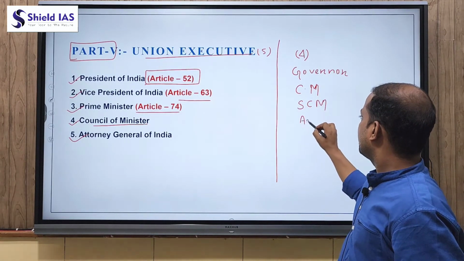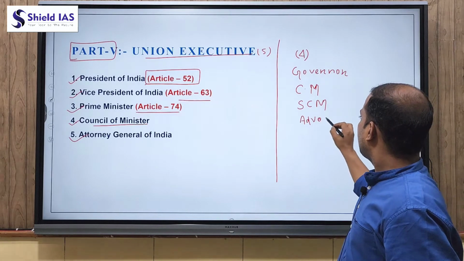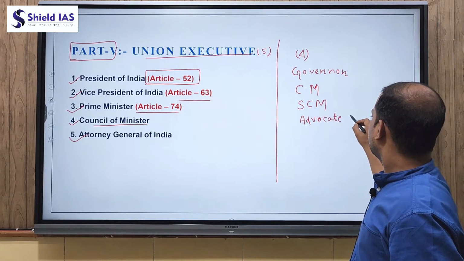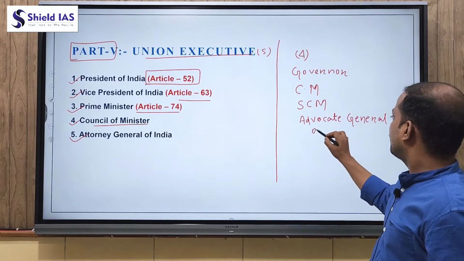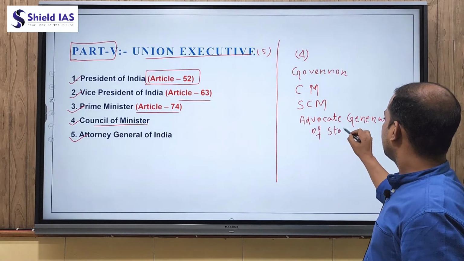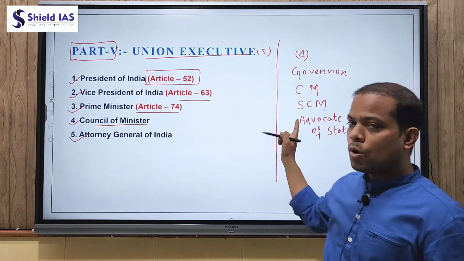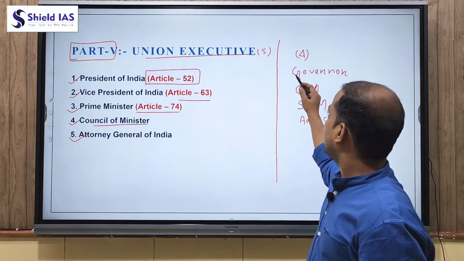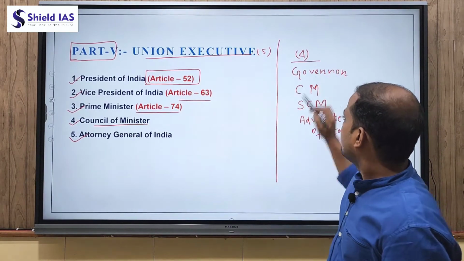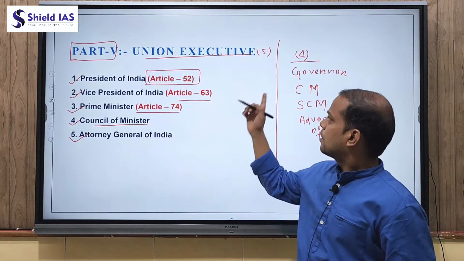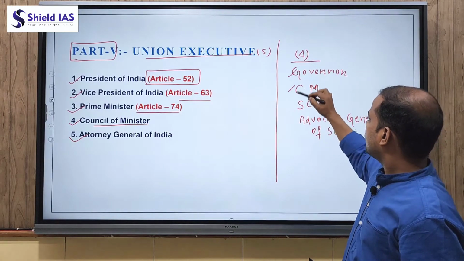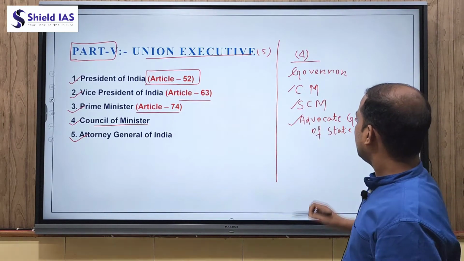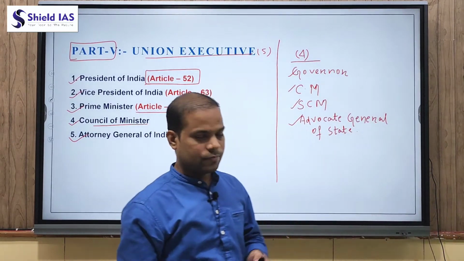And fourth is Advocate General of State. So remember, there is no concept of a vice governor in a state. That is why the State Executive consists of 4 members: Governor, Chief Minister, State Council of Ministers and Advocate General of State.